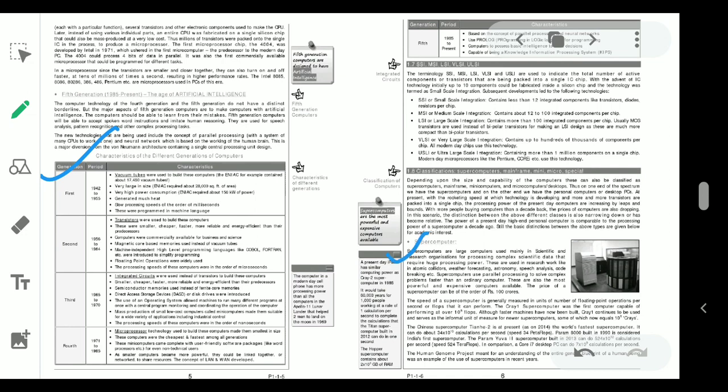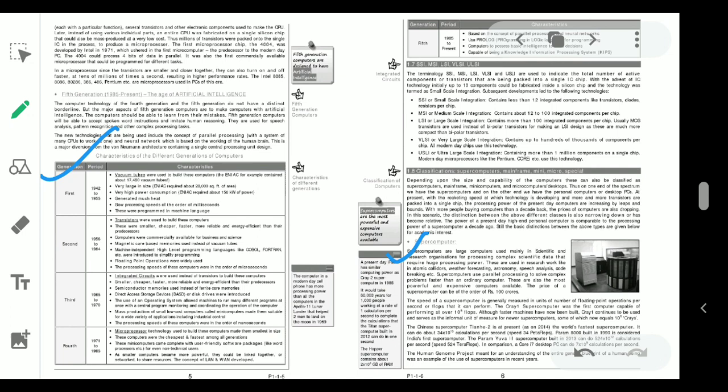Supercomputers are very large computers mainly used by scientific and research organizations. They process complex scientific data that requires huge processing power in areas like weather forecasting, astronomy, speech analysis, and code breaking.